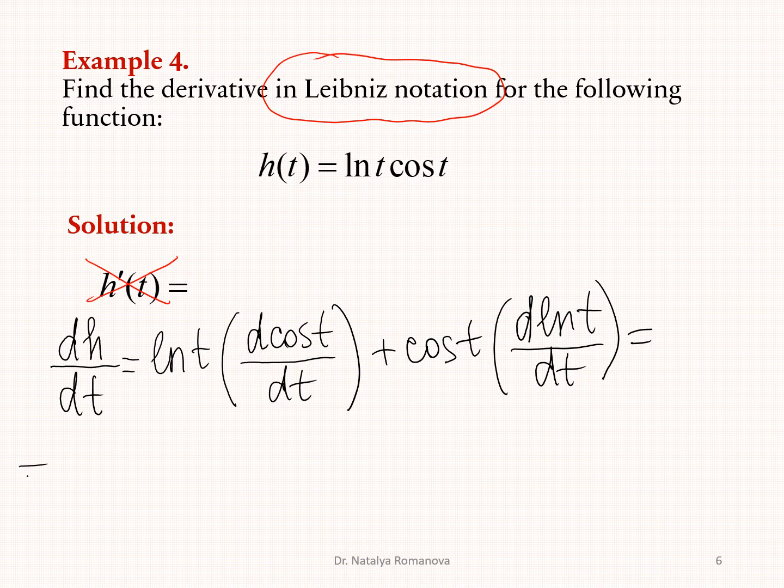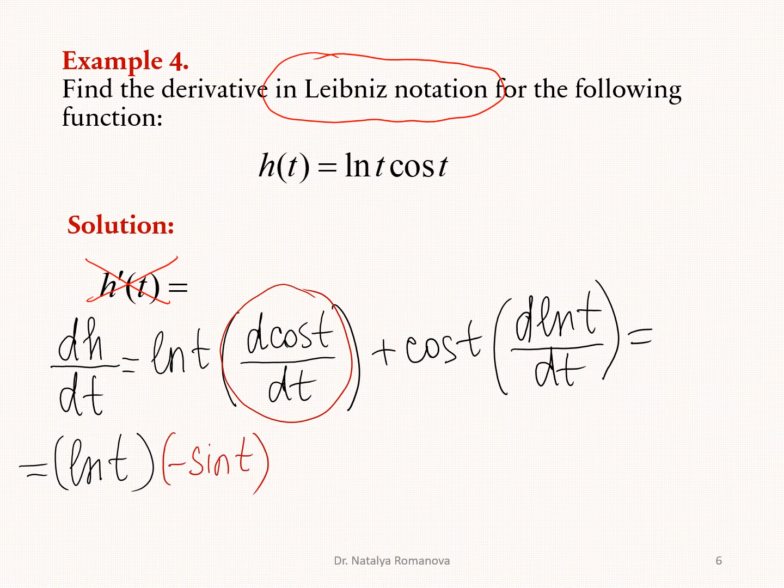Equals, we keep the ln t factor and multiply by the derivative of cosine t. The derivative of cosine t would be negative sine t, plus cosine t times the derivative of ln t. The derivative of ln t would be 1 over t.